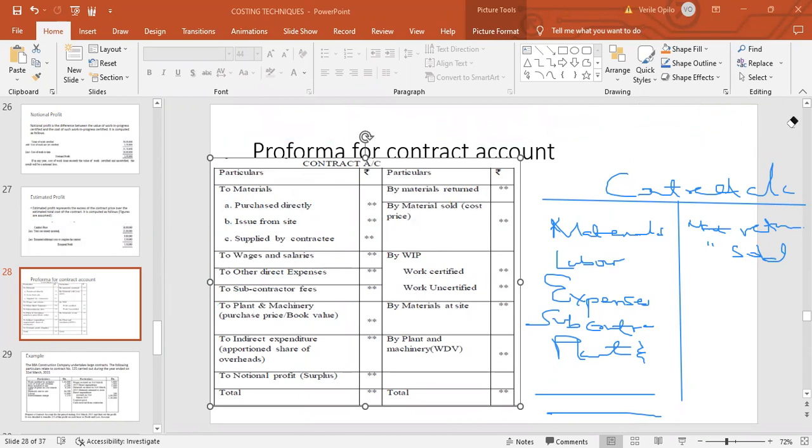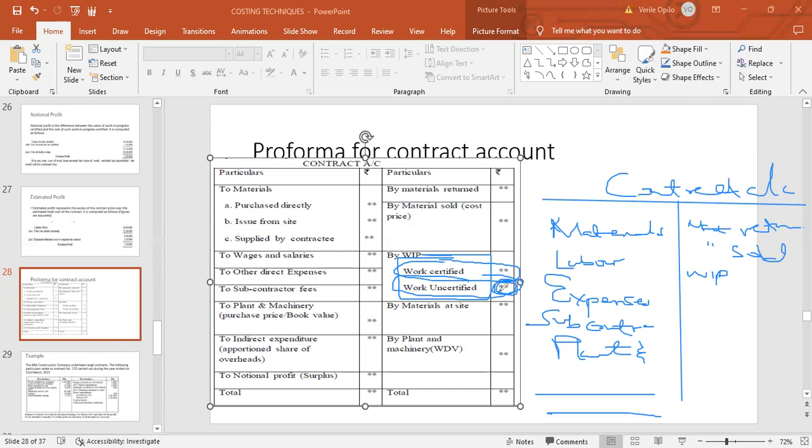The other thing is now the work certified that we just talked about. So in this case now, there is work certified for the work in progress. The work certified, you're going to include it at the contract price, including the profit that has been made, because in this case, this one has been approved. For the work uncertified, you're going to include it at the cost.